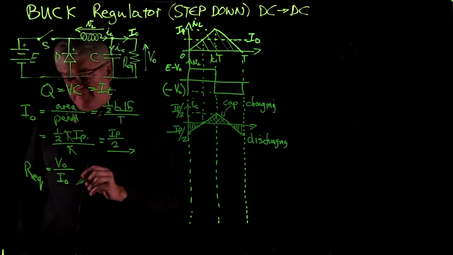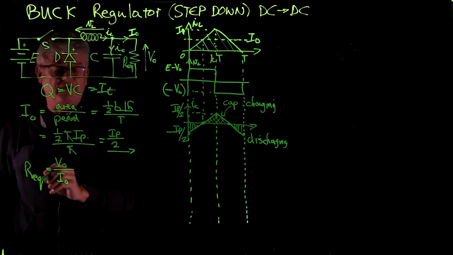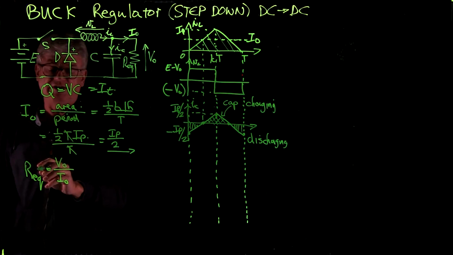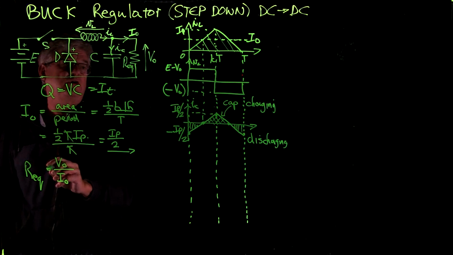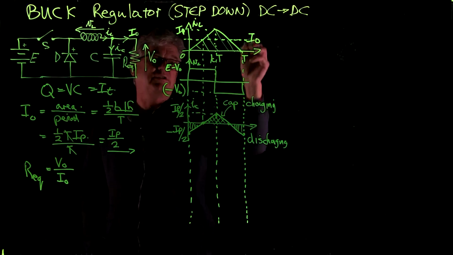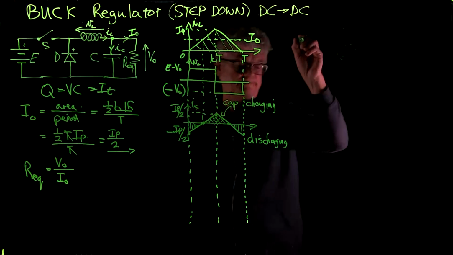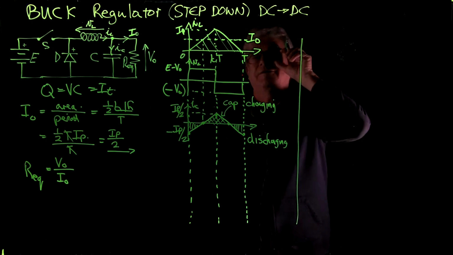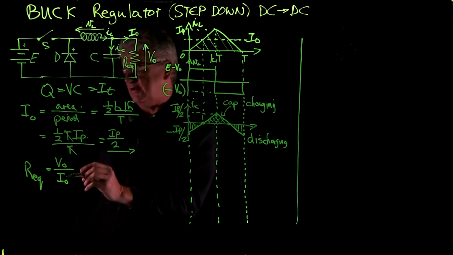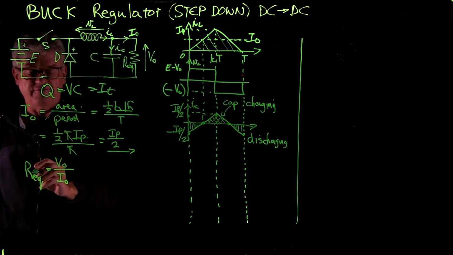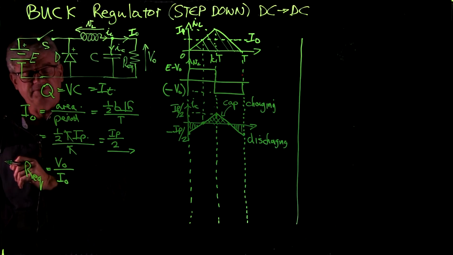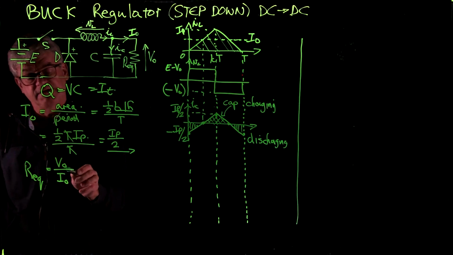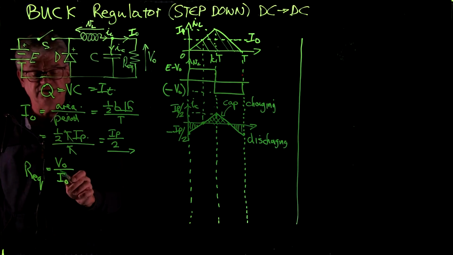Now what would happen if R equivalent is suddenly halved? What would happen to the inductor current here? Well, if the R equivalent suddenly becomes half of what it was, then it means that since V out is constant, I out must have doubled.